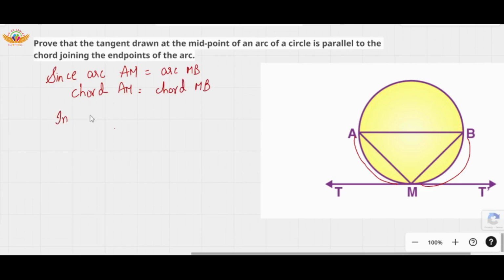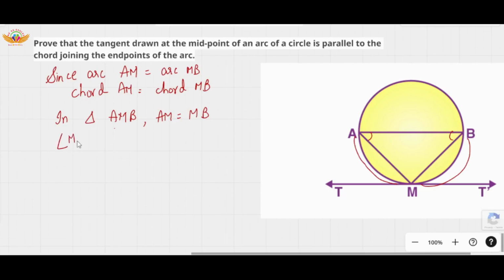So in this triangle AMB, AM is equal to MB. And this angle A and this angle B are also equal because angles corresponding to equal sides are equal.